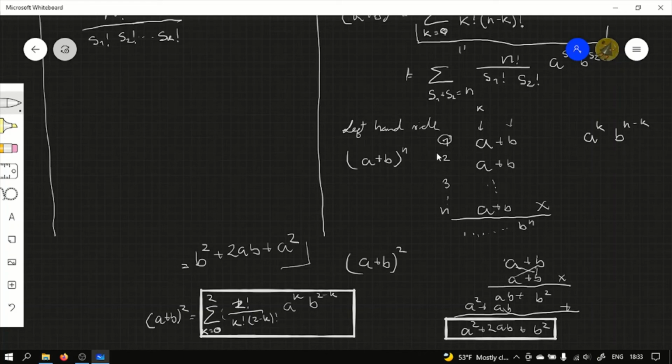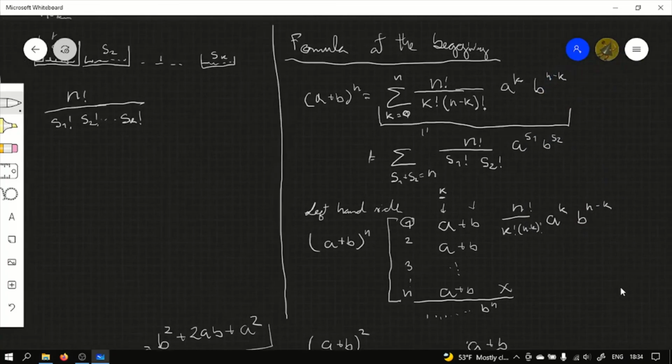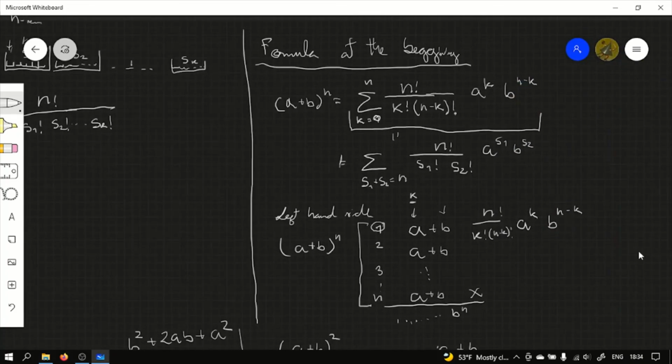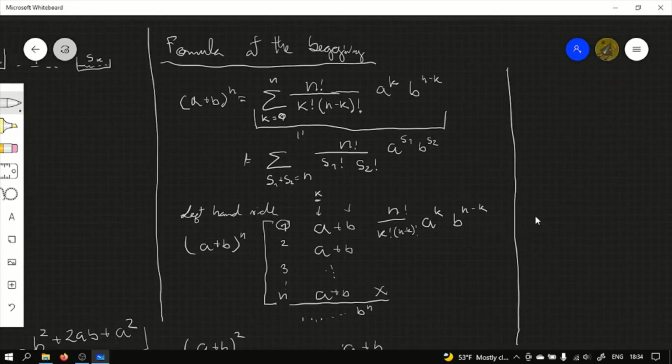It will be the different ways that we can put n elements into the first box, that is of order k, and in the second box is all the rest. So that is n factorial over k factorial times (n minus k) factorial. How cool is that explanation? I don't know, I find it interesting.